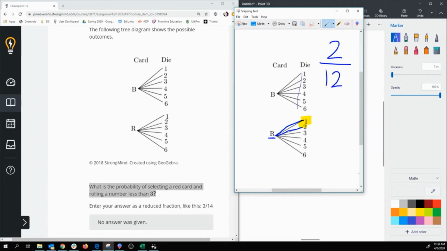So if I have a 2 out of 12 chance, that simplifies to what fraction? 1 over 6, perfect. So I have a 1 out of 6 chance of picking a red card and rolling a number that is less than 3. So a 1 out of 6 chance.